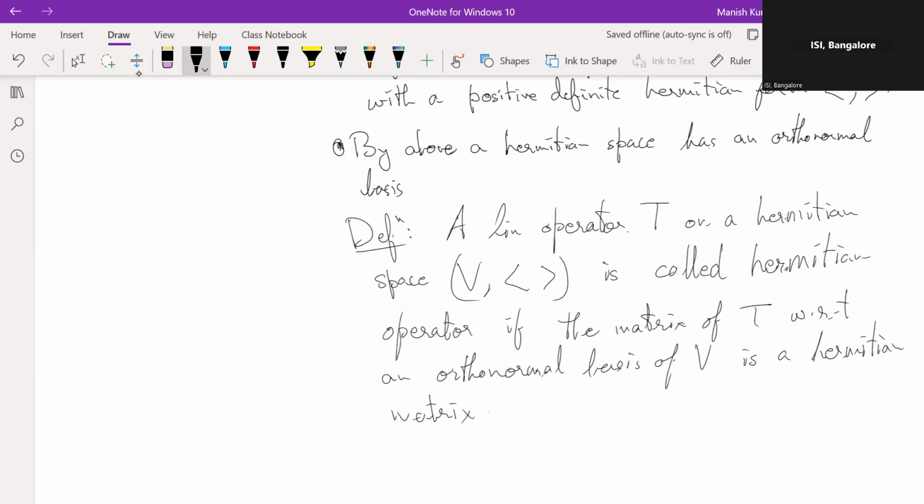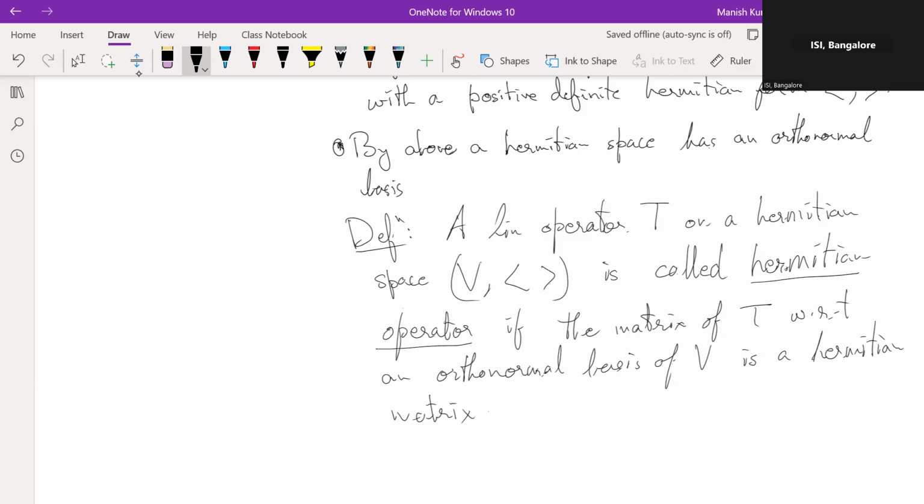Instead of taking an arbitrary basis, you take an orthonormal basis of V. That makes sense because it's a Hermitian space, so this is a positive definite Hermitian form on V, and there exists an orthonormal basis. You take any orthonormal basis and look at the matrix of T with respect to it. If this matrix is a Hermitian matrix, then you say that this linear operator is Hermitian.